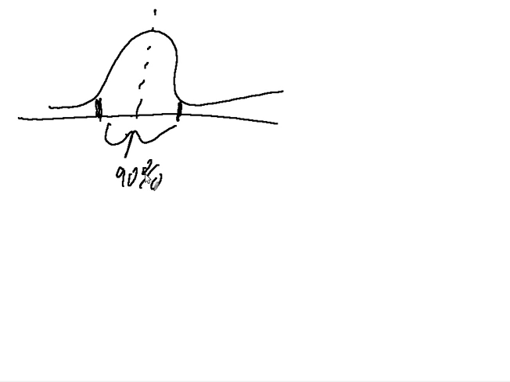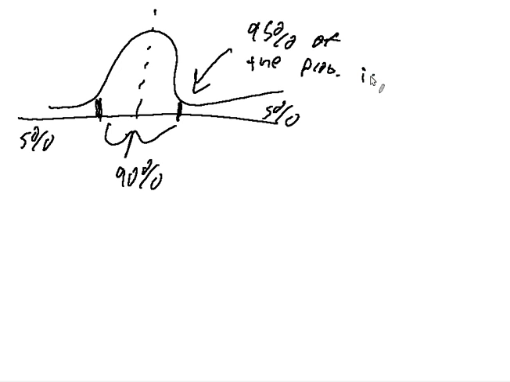Well, by symmetry, that means that what's remaining is 5% of the probability above that many standard deviations above the mean, and 5% of the probability below that many standard deviations below the mean. So that overall, 95% of the probability is below z standard deviations above the mean if z standard deviations from the mean encompasses 90% of the probability.